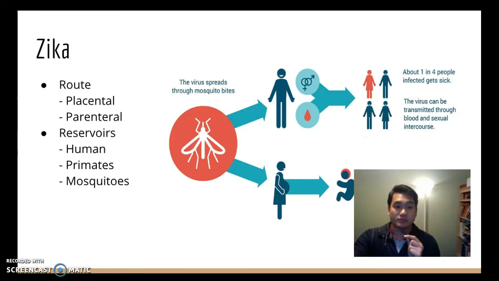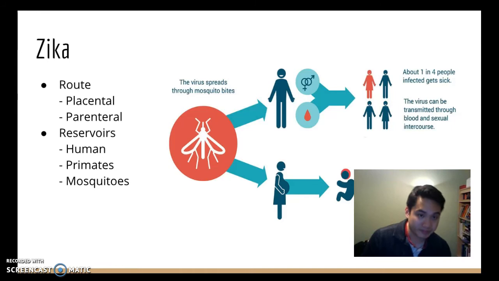Parenteral means sharp things, anything like a needle. And placental means from mother to child through the placenta. Its reservoirs include humans, primates, and mosquitoes. At the beginning, we talked about how it was first discovered in primates.